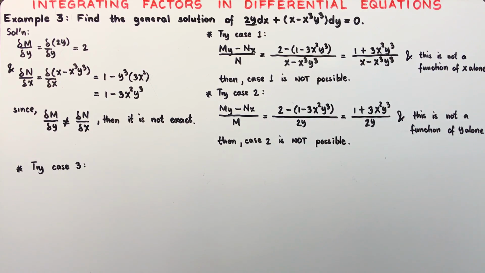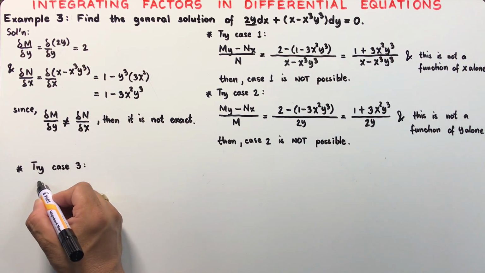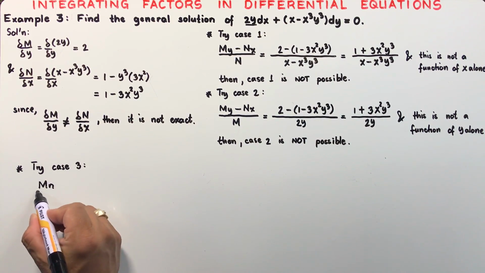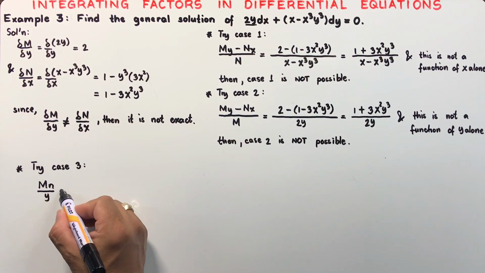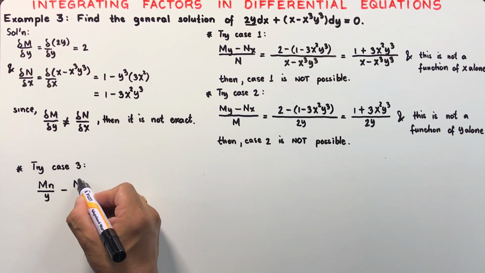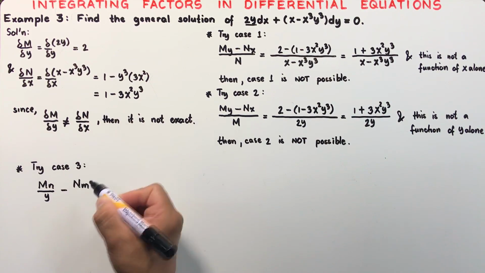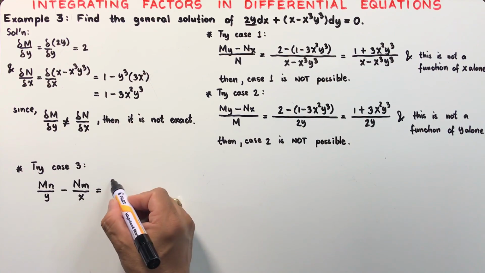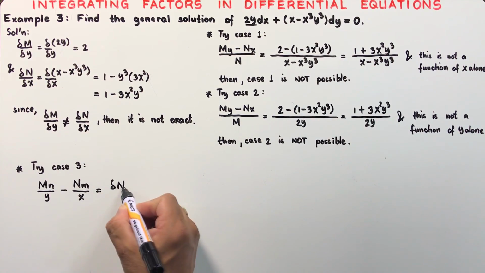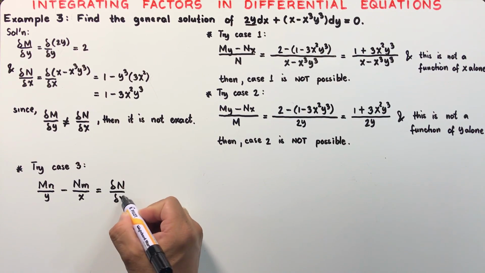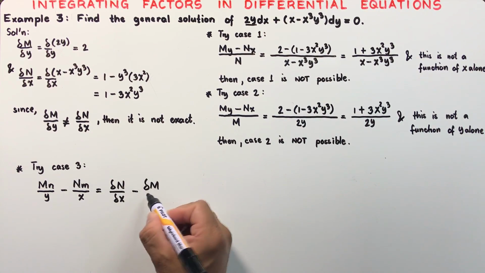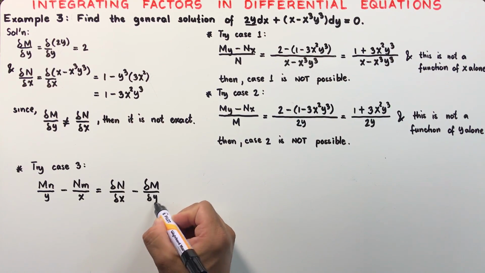And according to case number 3, we need to solve for our big M times small n divided by y, and this will be subtracted by big N times small m divided by x, which is equal to the partial derivative of our big N with respect to x minus the partial derivative of M with respect to y.